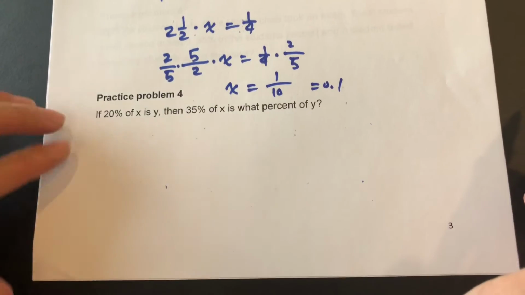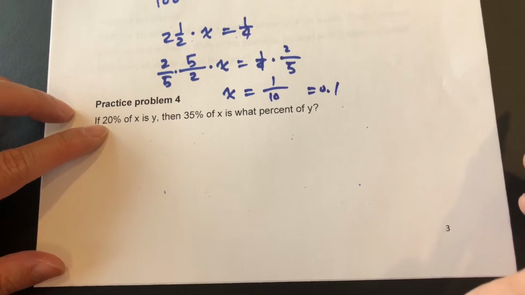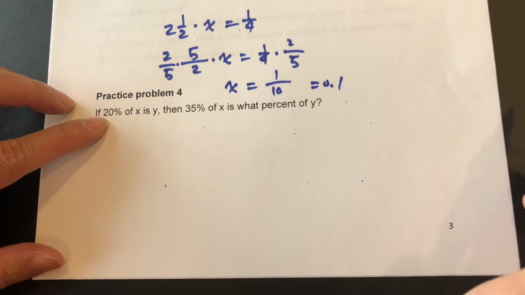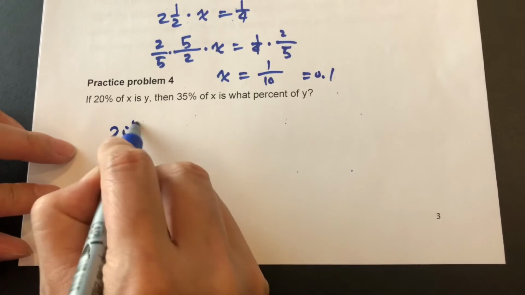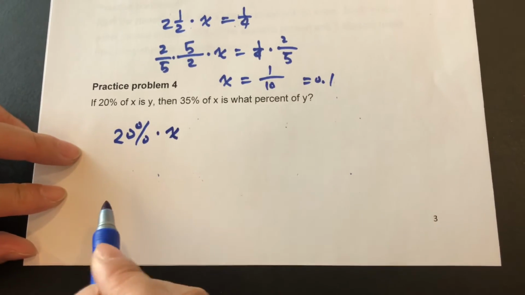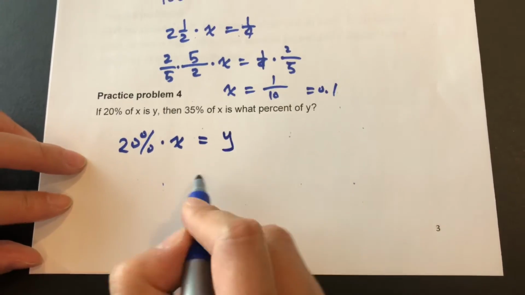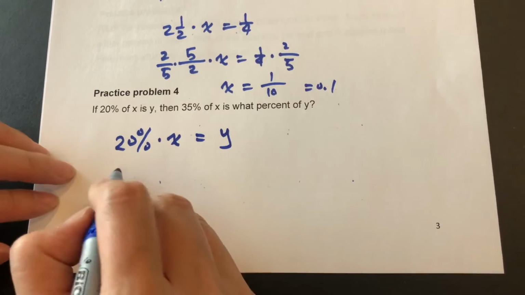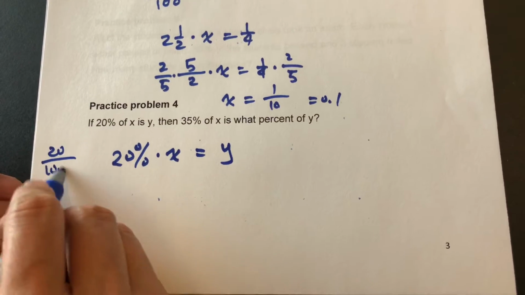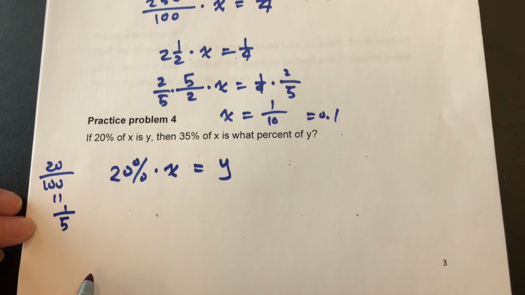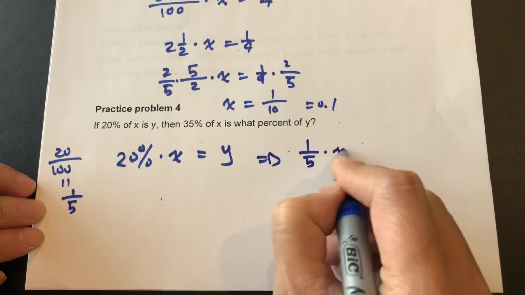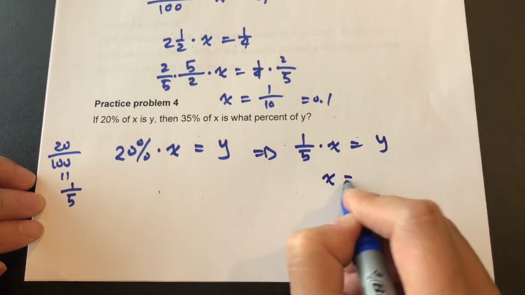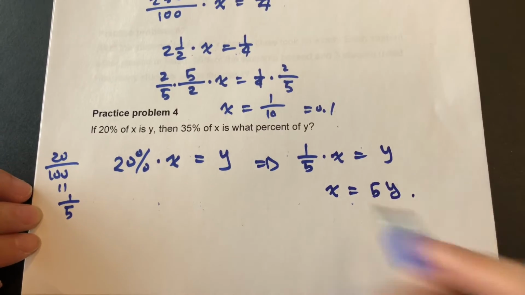Practice problem 4. If 20% of x is y, then 35% of x is what percent of y? Okay, 20% multiplied by x equals y. 20% is 20 over 100. Therefore, this is 1 over 5. So this is 1/5 x equals y, therefore x equals 5y.